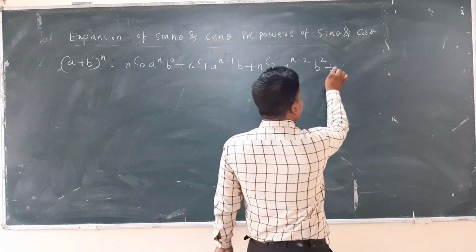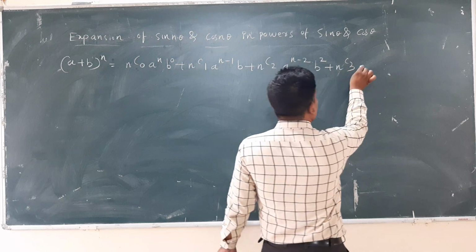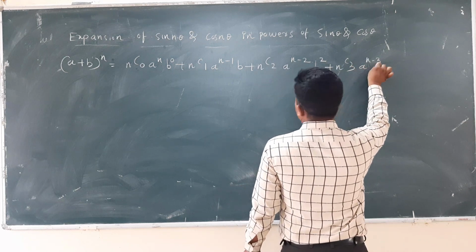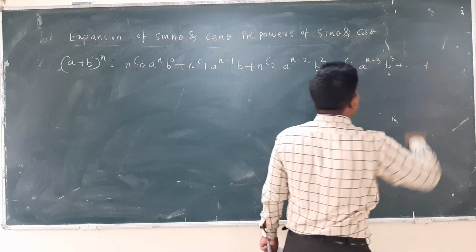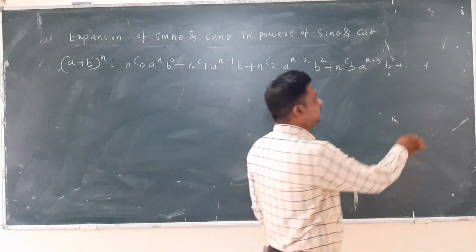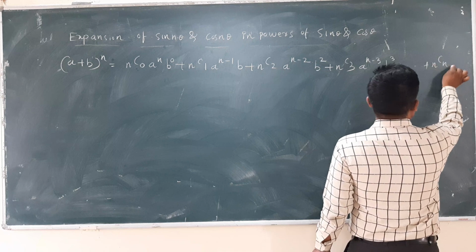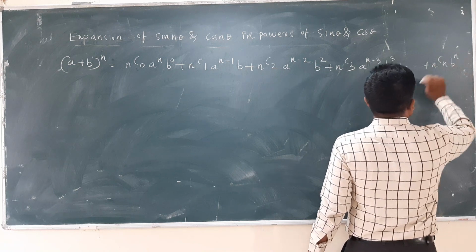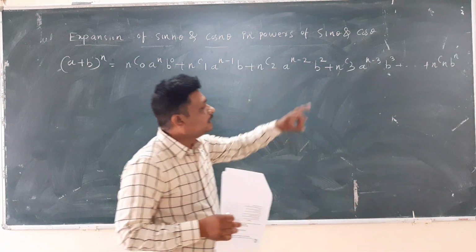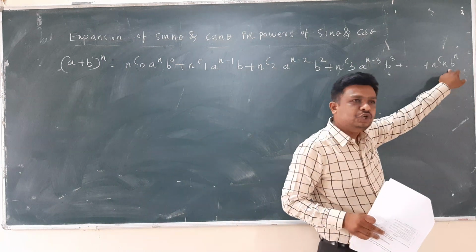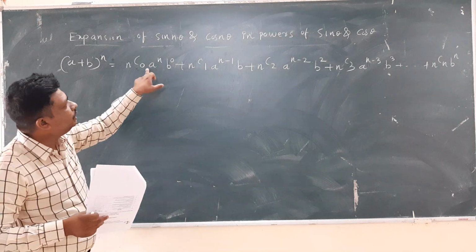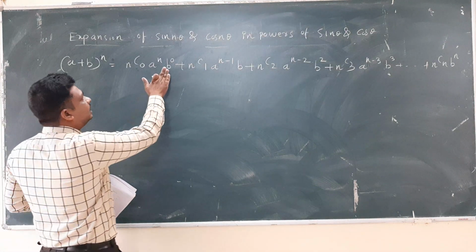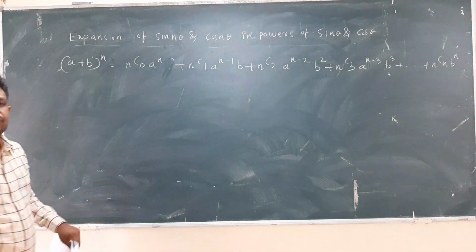Plus nC3 a raised to n minus 3 b cube, plus so on, up to, at the end, nCn b to the power of n. Here in the last term the power of a is 0, a raised to 0 is 1, and no need to write b raised to 0 because b raised to 0 is 1.